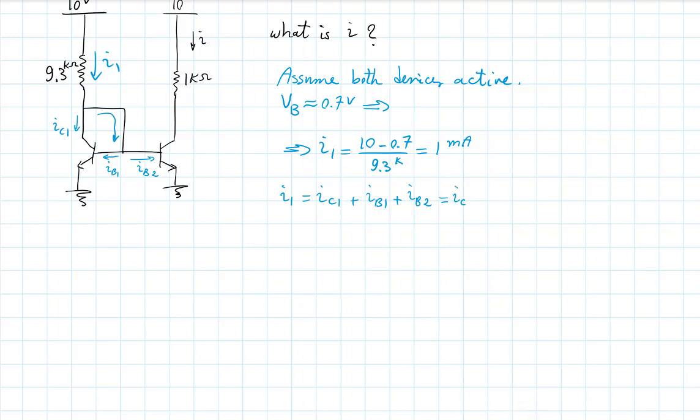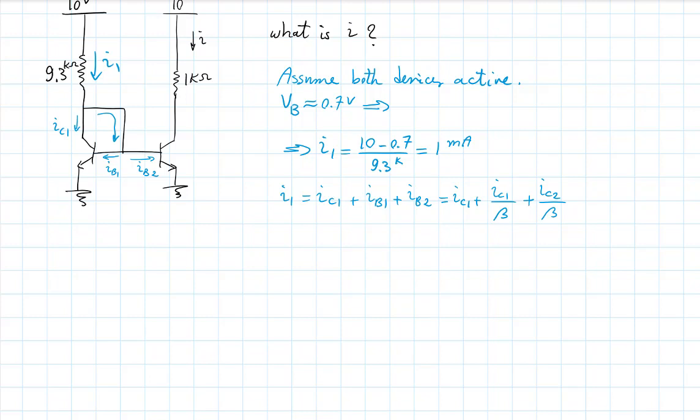Which is IC1 plus IC1 over beta plus IC2 over beta. Now, if you look at this device, at this configuration, what would you guys say the relationship is between IC1 and IC2? Equal, because they have the same VBE.